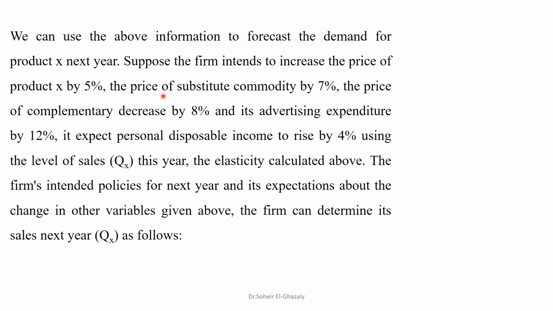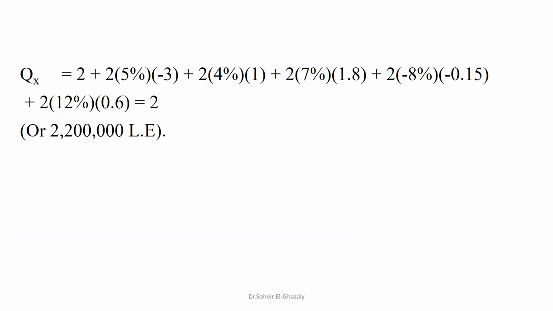So here, just imagine that the firm intends to increase the price of the product by 5% and the substitute commodity by 7% and the complementary by 8% and so on. So we're going to just add the percentage to the 2 to know the predicted profit.